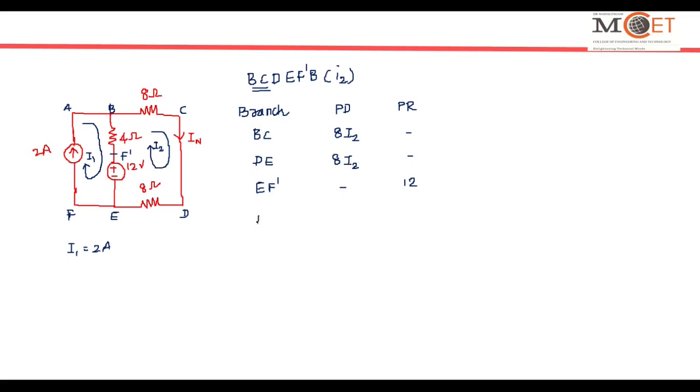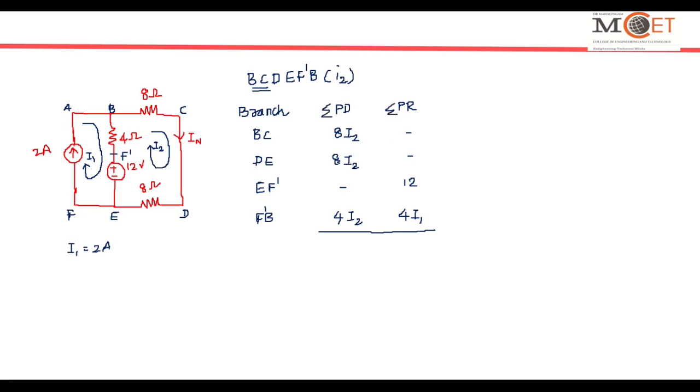And F dash to B, there are two currents: F dash to B, I2 flows, and B to F dash, I1 flows. So 4 I2 is a potential drop and 4 I1 is a potential rise. As far as Kirchhoff's voltage law is concerned, sum of potential drops is equal to sum of potential rises.